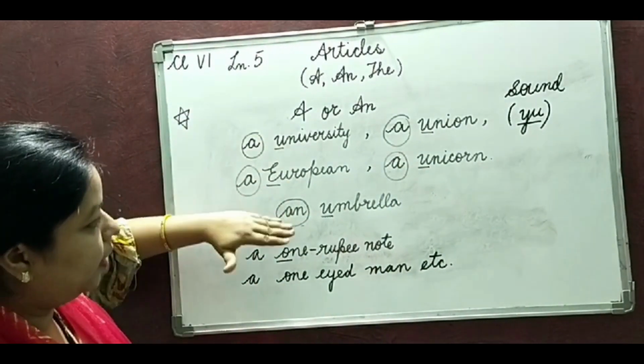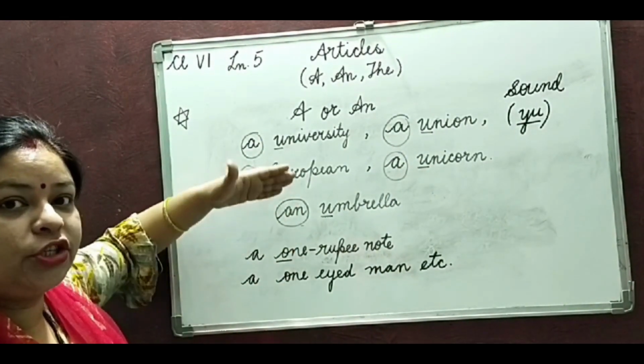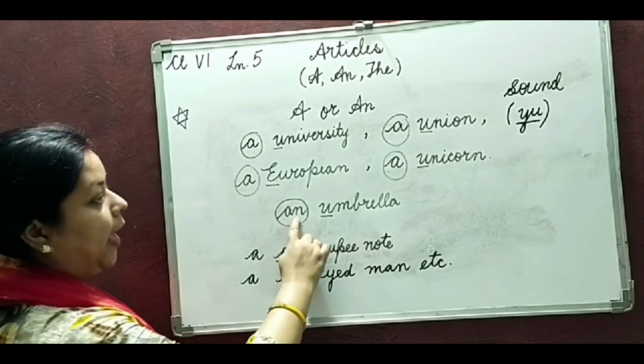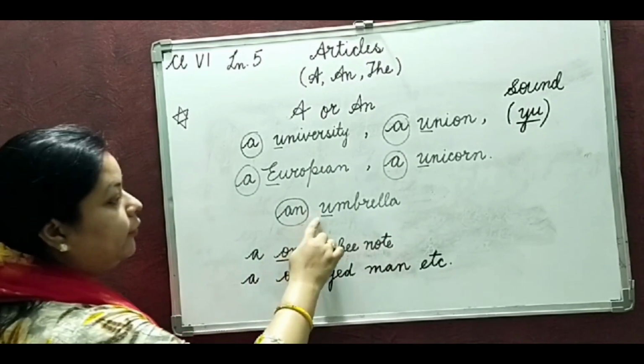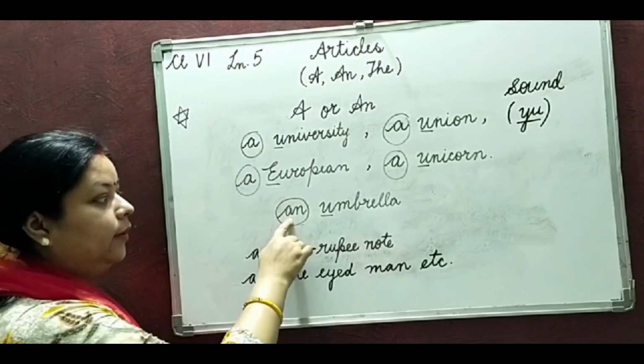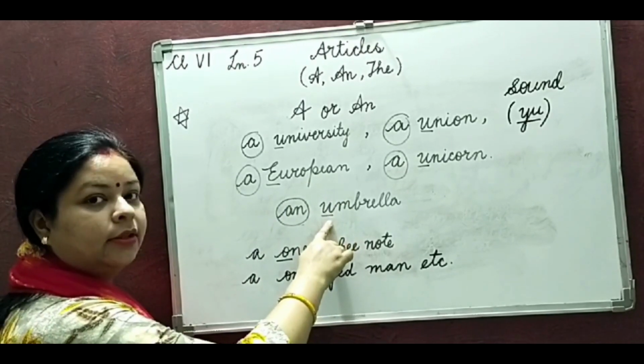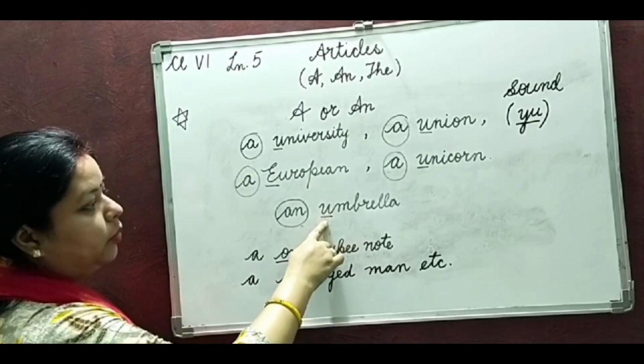Now see here one more example to show how to differentiate between them. An umbrella. Here we have used the article an, because the word starts with U, a vowel letter.